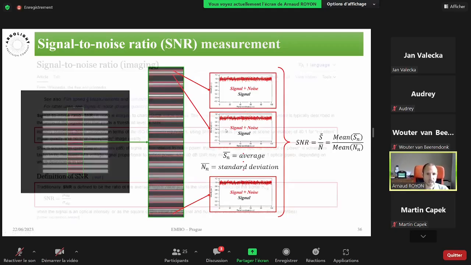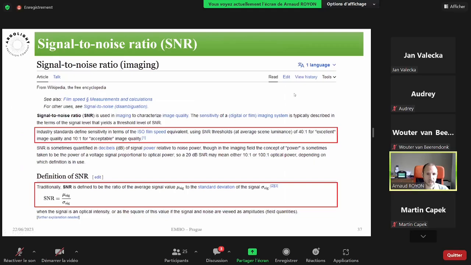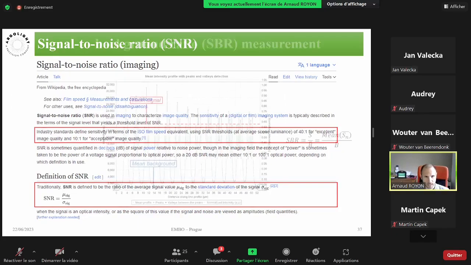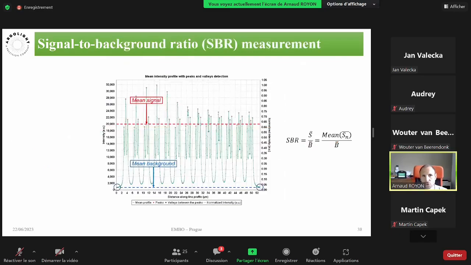The signal to noise ratio is close to what is usually done, as you can see on this Wikipedia page. It's the definition that is the closest to what is usually used, for example, in telecommunications physics. We can also measure the signal to background ratio.